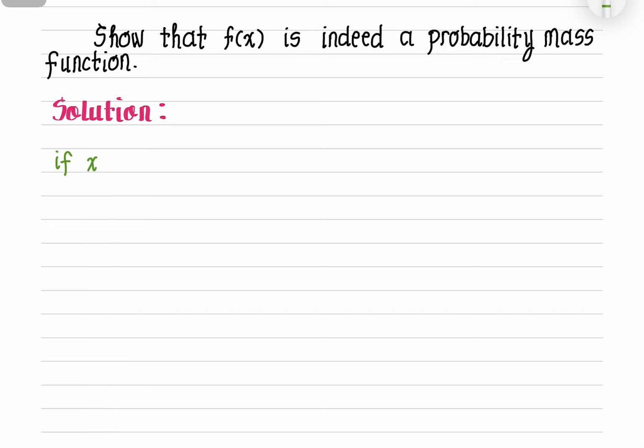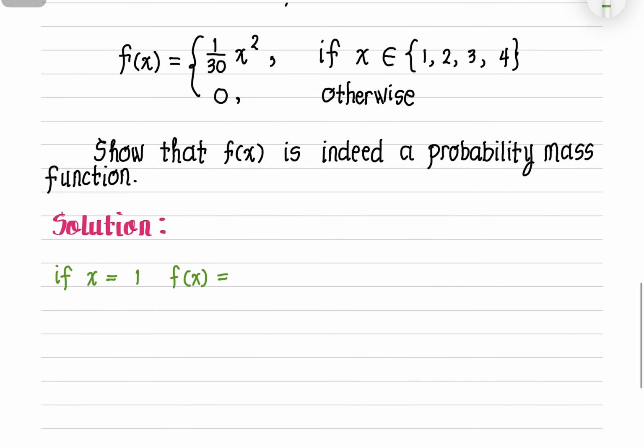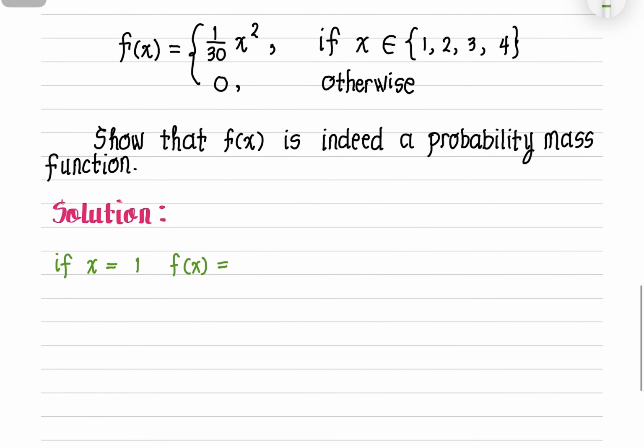So, if x equals 1, then f of x equals, our formula here is 1/30 x squared, right? Okay. So, 1/30 times x squared.